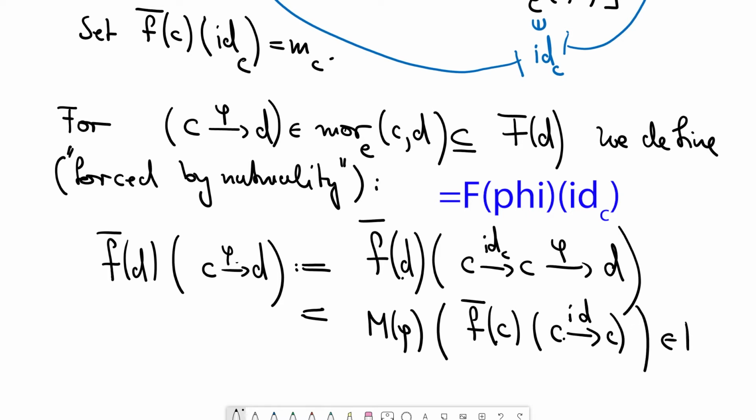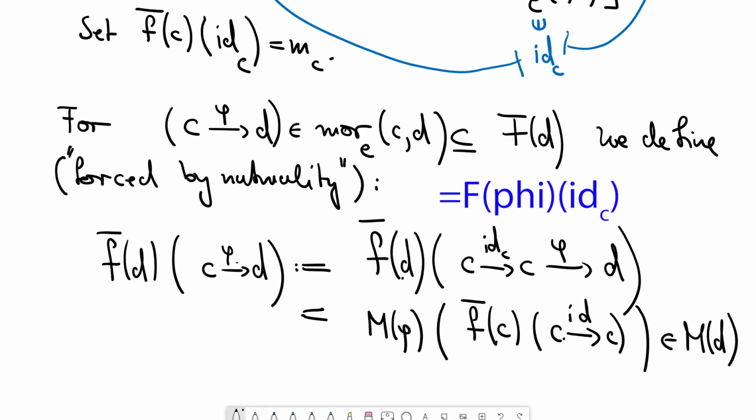And this is in MD. Okay, let's look slowly at this. Whatever we have, it definitely should land in MD. That's good. F bar C applied to the identity lies in MC, and is this element MC that we just have chosen. And the fact that we can somehow pull out this phi by M phi is just the fact that F bar is a natural transformation from F to M.